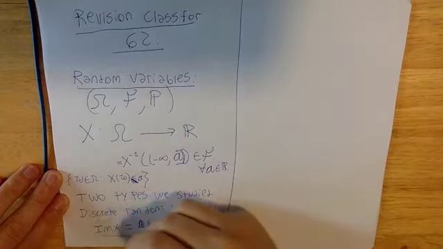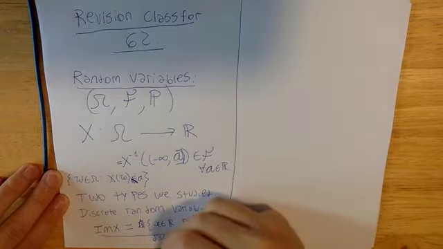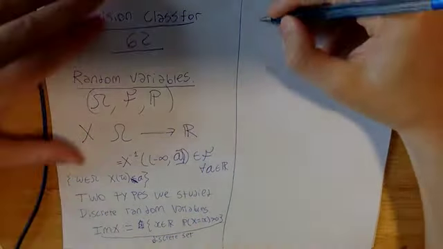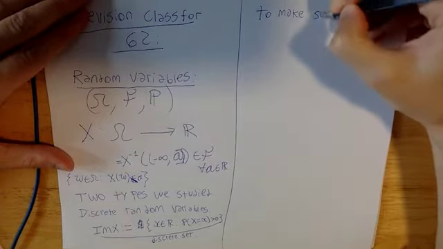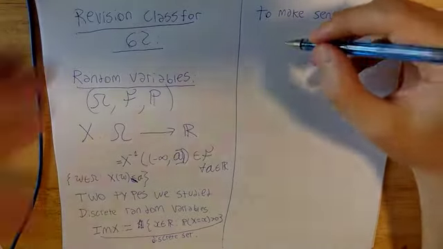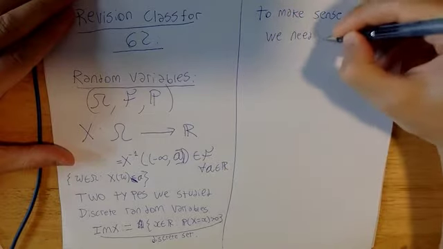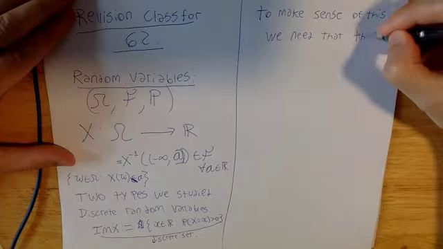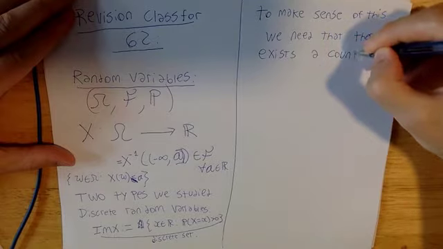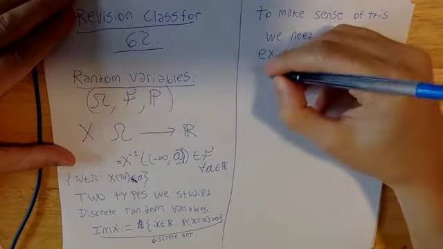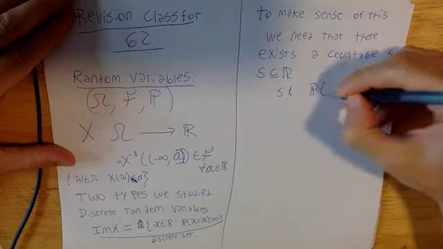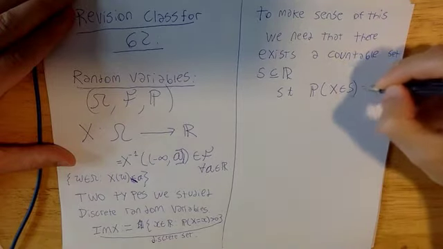This is a discrete set. To make sense of this, we need that there exists a countable set S contained in R such that the probability that X is in S is equal to 1.